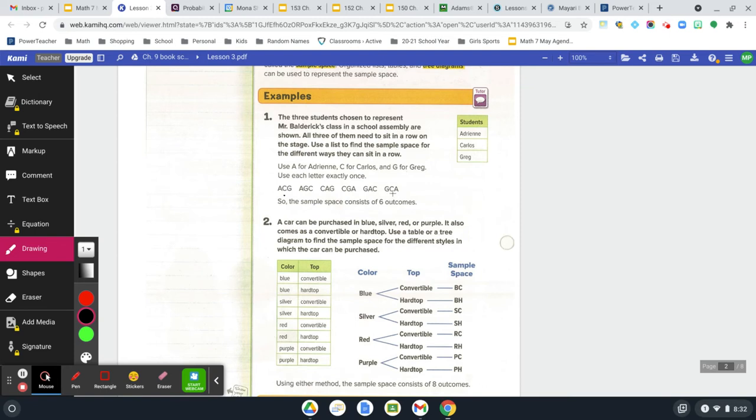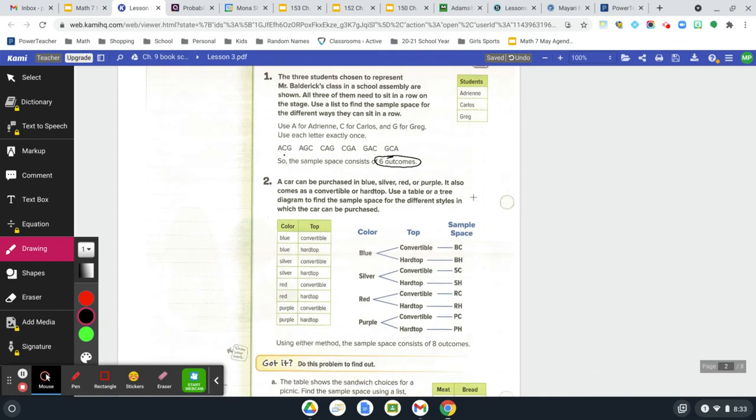And the last way, the 6th one, Greg could sit first, then Carlos, and then Adrian. So there are 6 different ways the 3 students can sit in a row on the stage. The sample space consists of 6 outcomes. That's just an organized list, a way to do it.